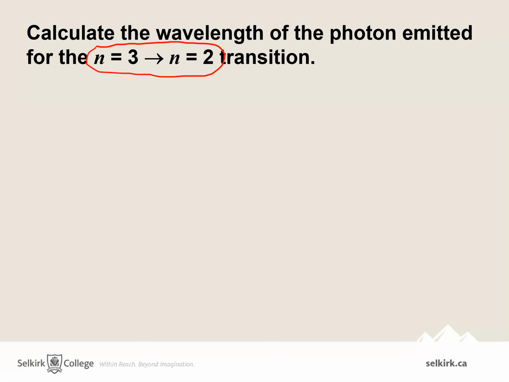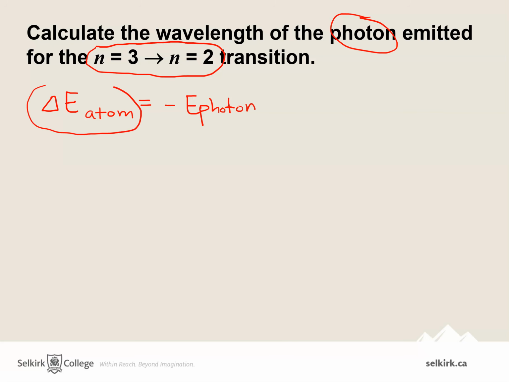All right, now we had a relationship. We said that the energy change for the atom was related to the energy of the photon. And it's the photon I want to know about. So let's see if I can work with the known thing. Let's see if I can calculate the energy change for the atom. Delta anything, the change in anything, is final minus initial.